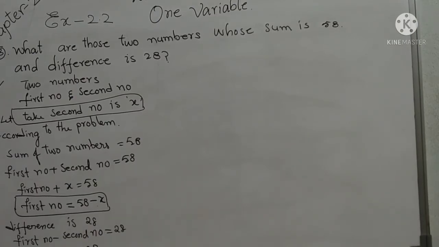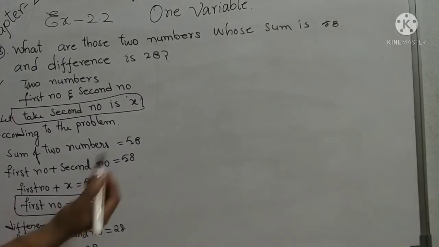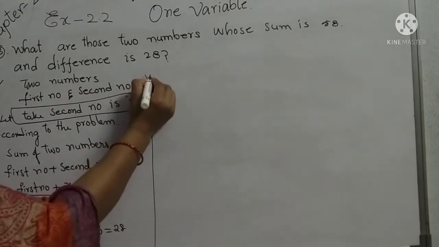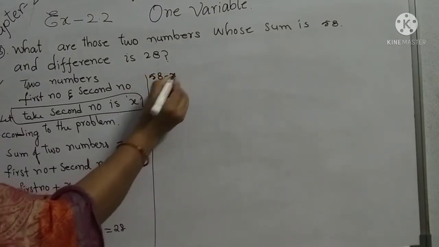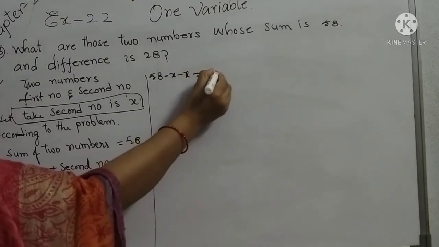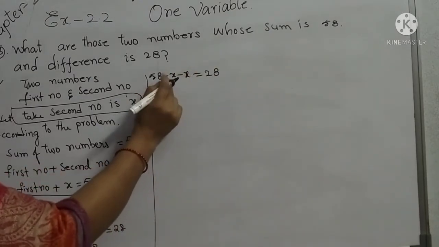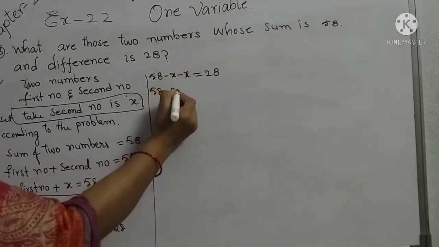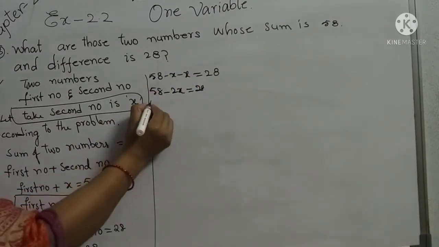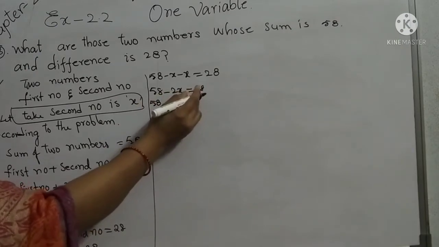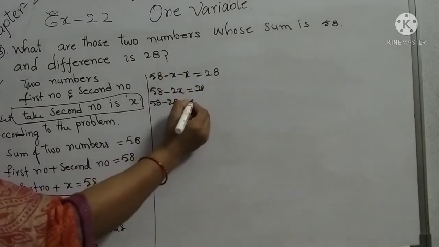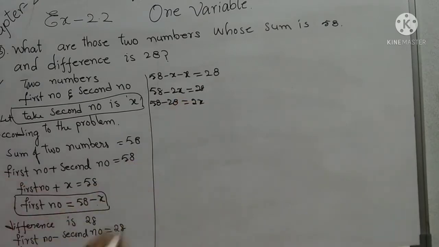Okay, right. Next one: 58 minus x minus x is equal to 28. 58 minus 2x is equal to 28. So 58 positive transposes to minus 28, and negative transposes to positive.